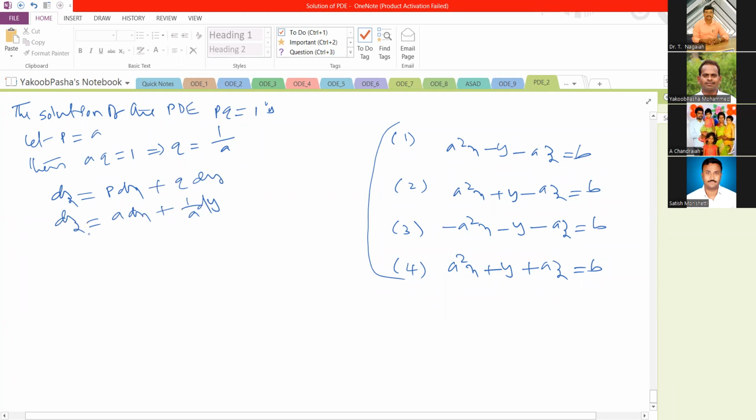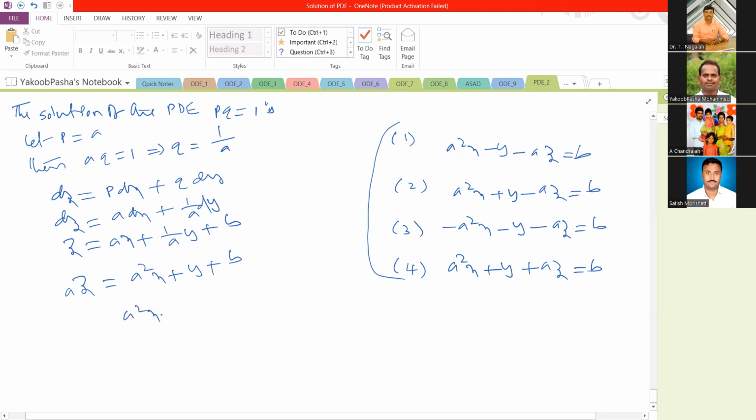Now integration. z is equal to ax plus 1 by a y plus arbitrary constant b. So az is equal to a square x plus y plus arbitrary constant b.